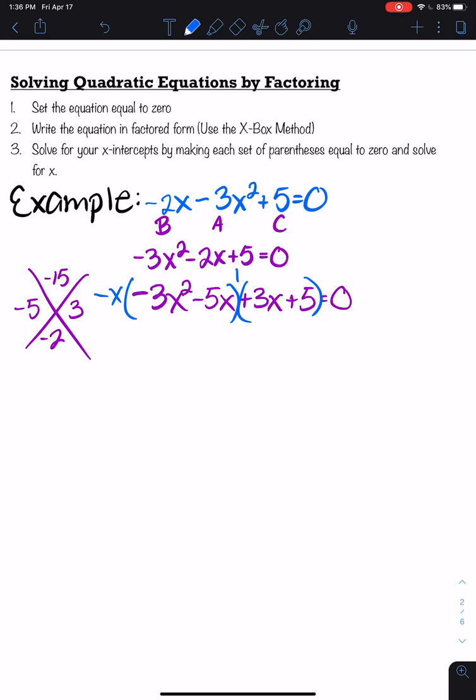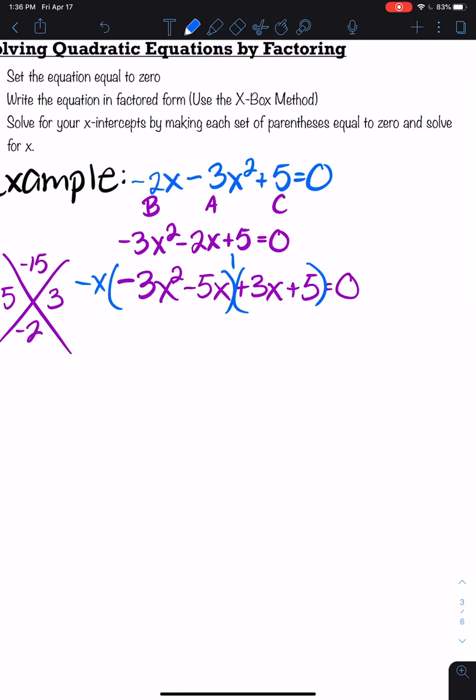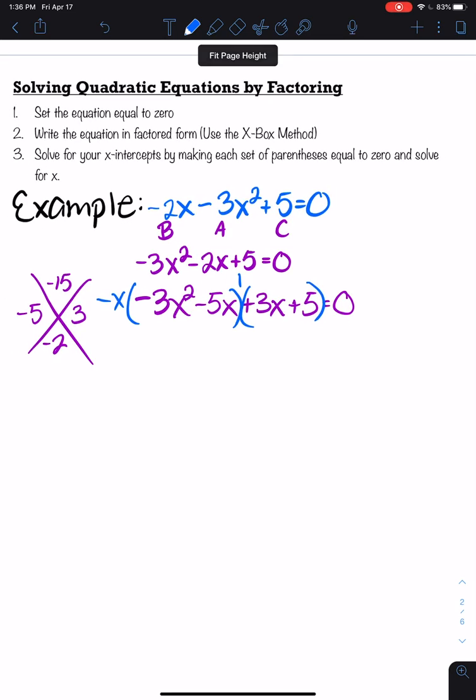And so that's what I can factor out. So if I factor out negative x from the first set of parentheses, that leaves me with negative x times 3x plus 5. And if I factor out a positive 1 from my second set of parentheses, that also just leaves me with 3x plus 5.